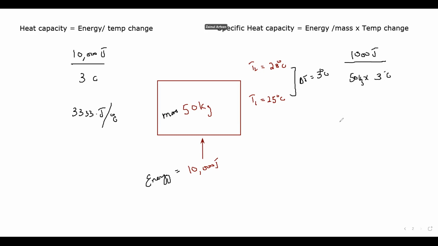So 50 times 3 is 150. 10,000 divided by 150, what's the answer?